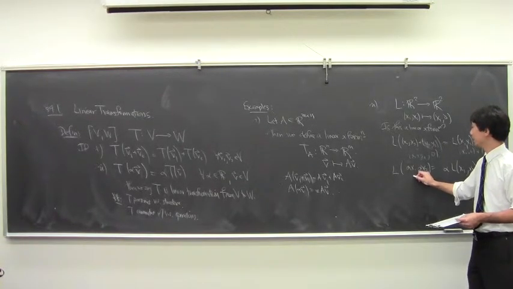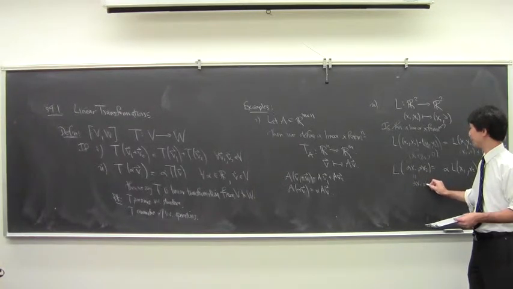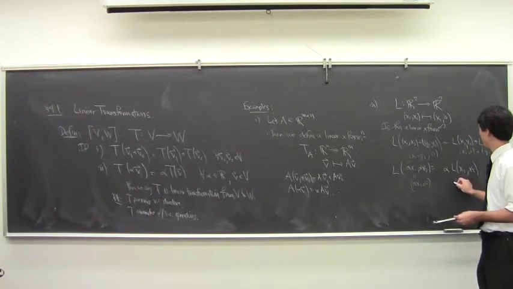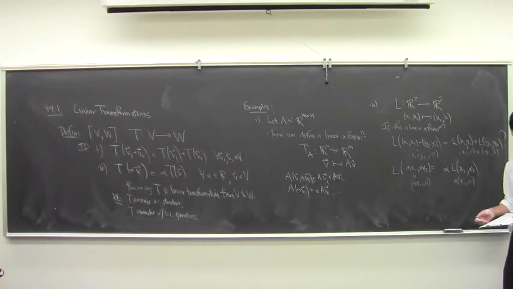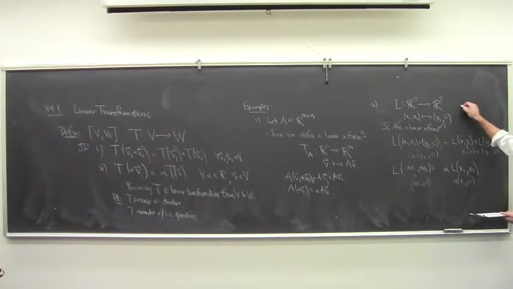And here, we're going to get a x1 comma 0. Here, we're going to get a times (x1, 0). Those are the same thing. So again, this is a linear transformation. The picture you have here is that this is projection onto the x-axis. It takes in your vector and then returns the projection of that vector on the x-axis.